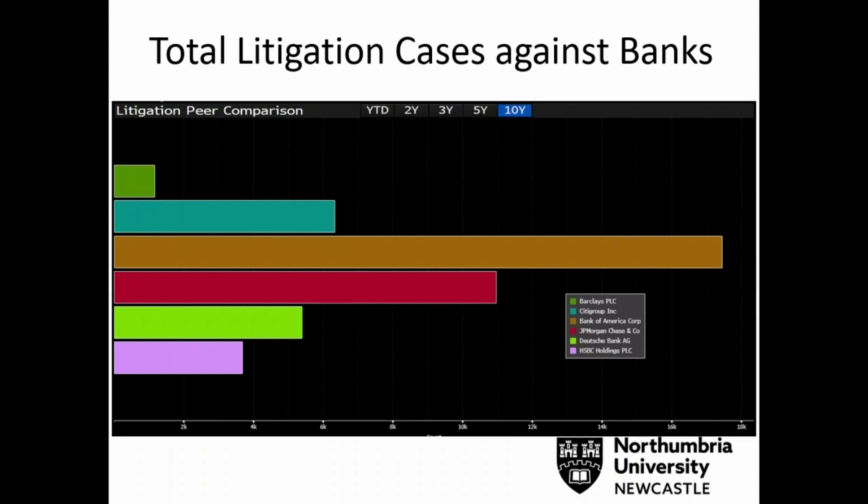But what you can see here in numbers, so number of cases here, you've got Barclays at the top there, but obviously the number of cases against its peers, you can see a size of the likes of Bank of America. Now obviously the caveat here being that in the American legal system, the likelihood of being sued is much higher than in the likes of the UK.